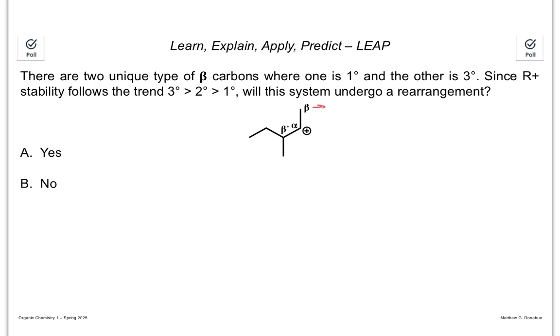Following that stability trend, tertiary greater than secondary, greater than primary, will the system undergo a rearrangement? The answer is yes, because a secondary carbocation can rearrange to a tertiary one that's more stable.